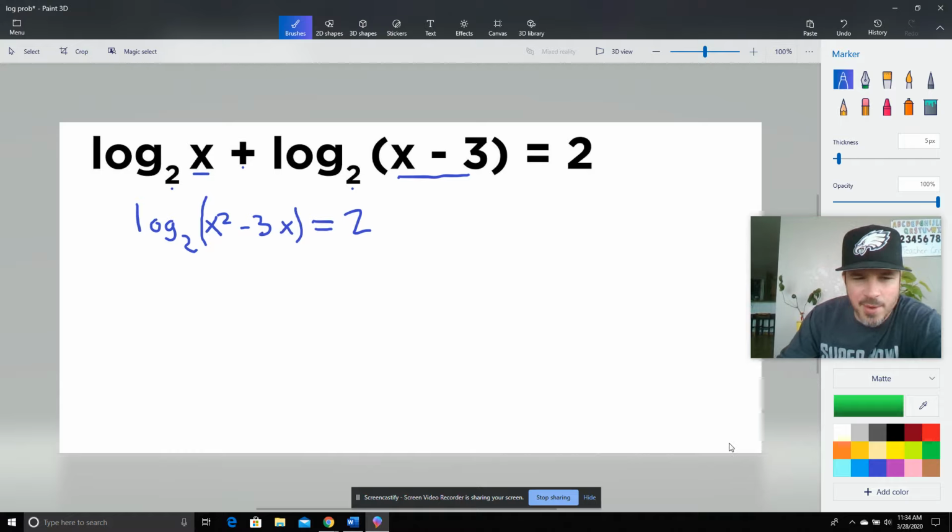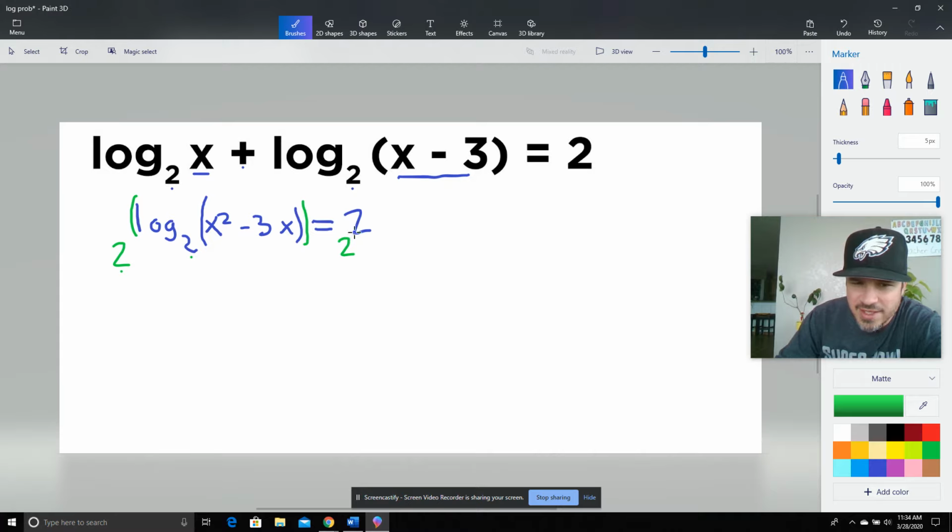Okay, so then the next step here is we're going to use the same base as the log base 2, and we're going to raise the function to that base. So this whole function is going to be the input of my exponential function with the base 2. See how the base is the same? But again, the golden rule of algebra: whatever I do to one side, I have to do to the other.